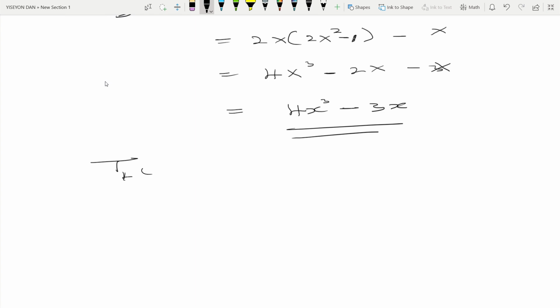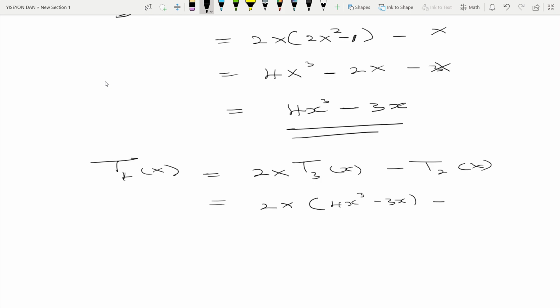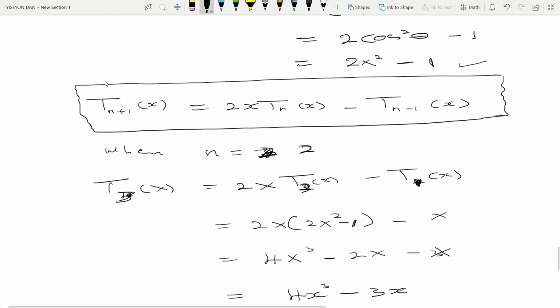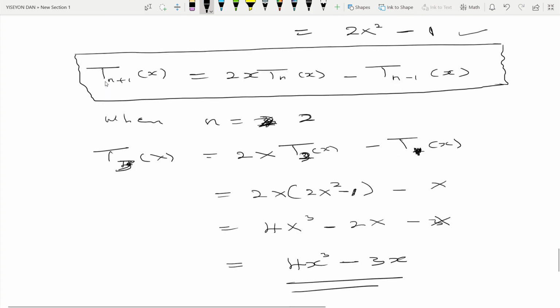T4 of x is going to be 2x T3 of x minus T2 of x. So this is equal to 2x times T3 of x, 4x raised to the power 3, minus T2 of x. Let's scroll up to see what our T2 of x is. Our T2 of x is 2x squared minus 1.